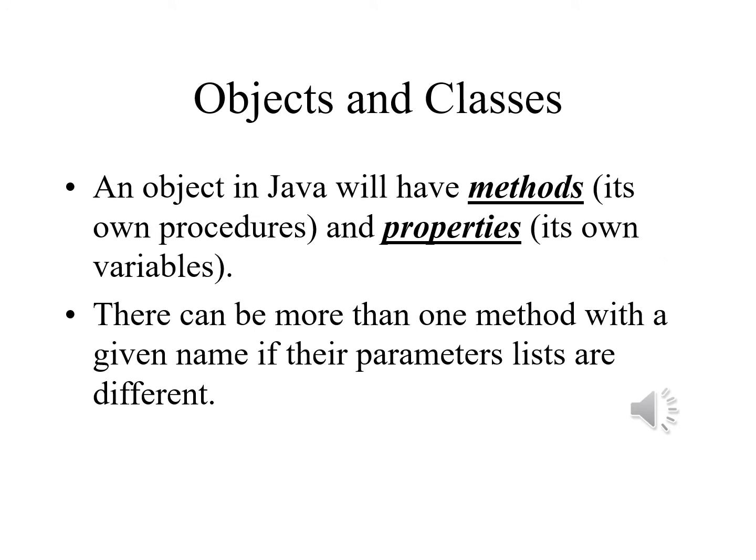An object in Java will have methods. Methods are its own procedures. It will also have properties. Properties are its own variables and the values those variables have. There can be more than one method with a given name, but that requires that the parameter lists must be different.